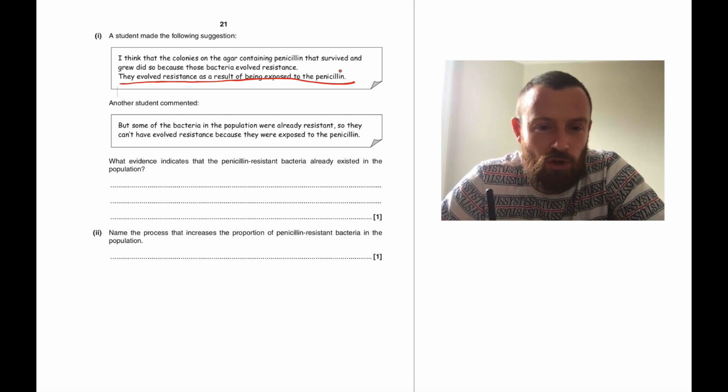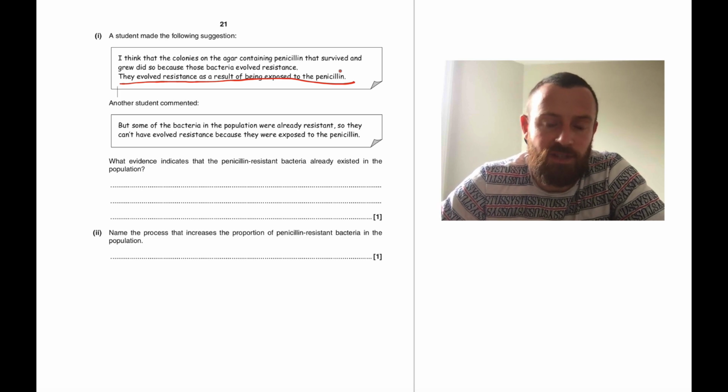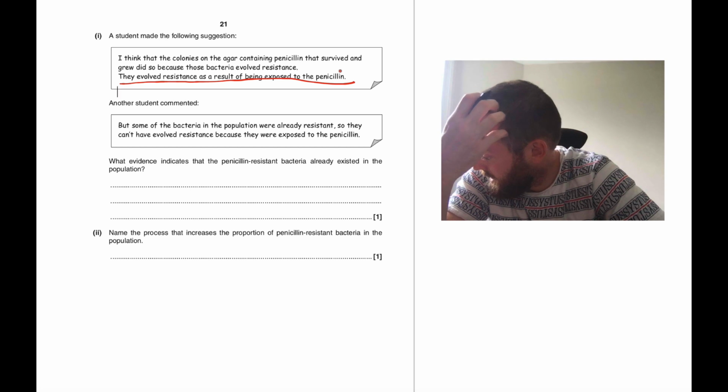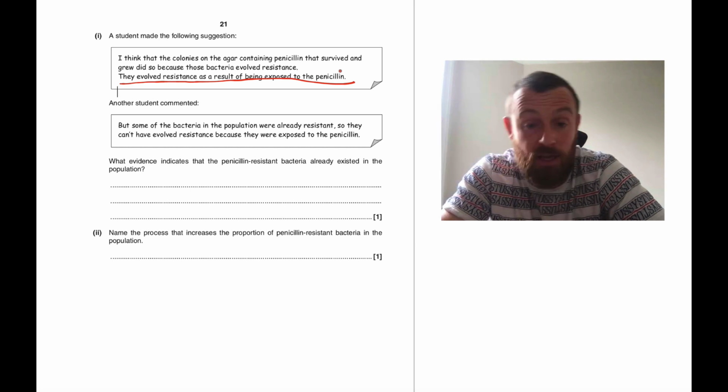Let's look at the other student's comment. But some of the bacteria in the population were already resistant, so they can't have evolved resistance because they were exposed to penicillin. Yeah, that student's right. Well, the evidence is that as soon as they were transferred onto the penicillin, they could survive.